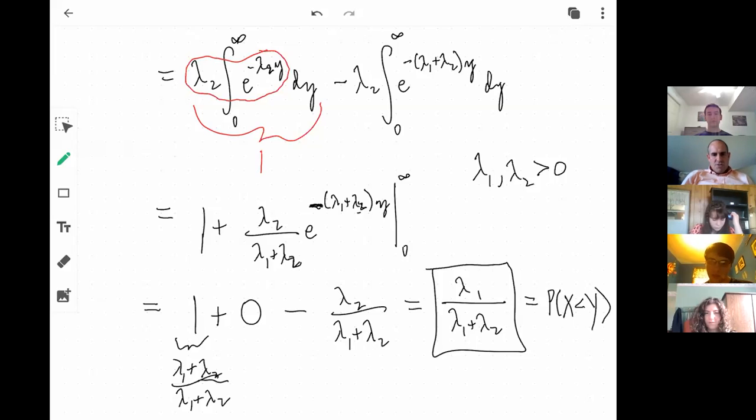This is the probability that the first observation corresponding to x happens before the first observation corresponding to y. So that's kind of interesting that ends up being the probability.